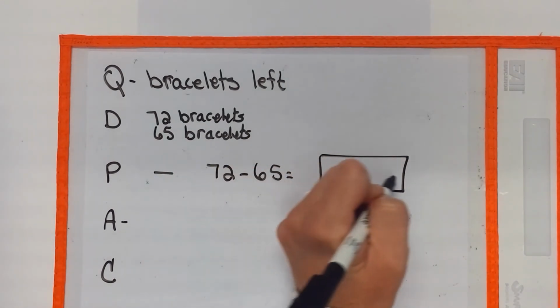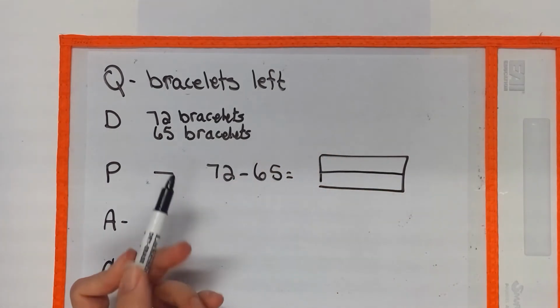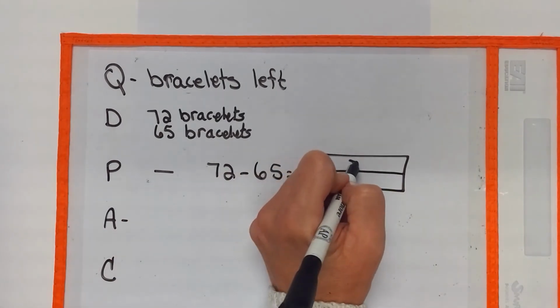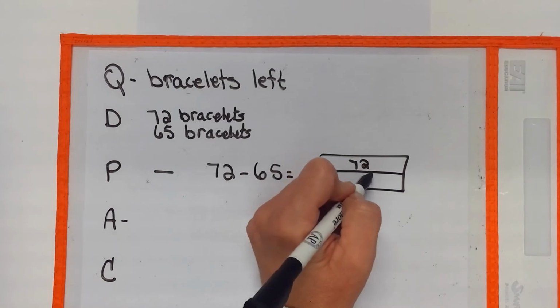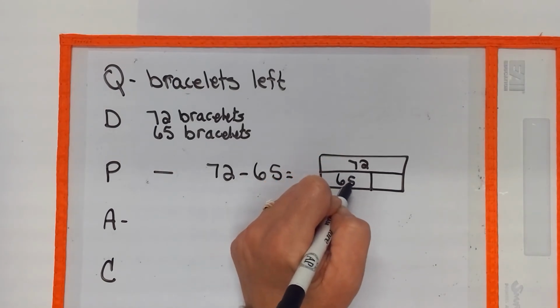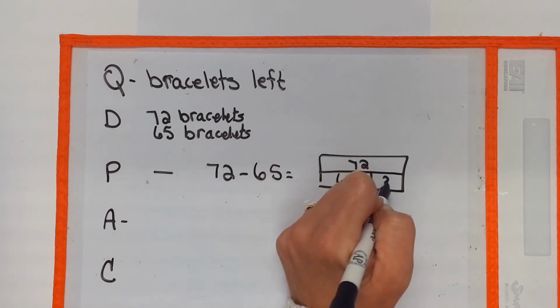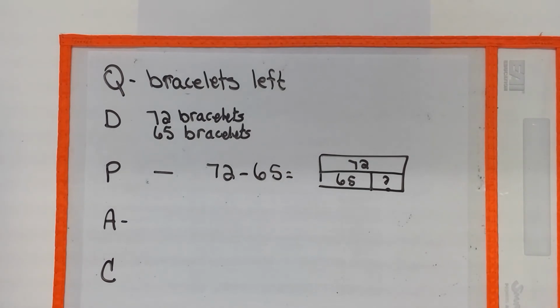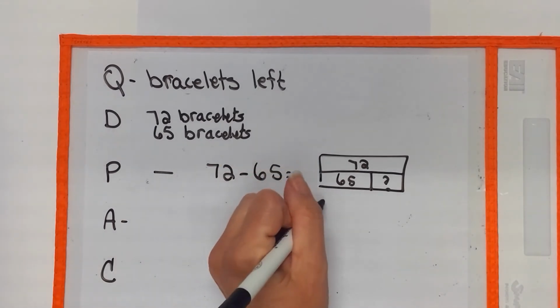So if I go back to thinking part-whole, I can represent that she made a total of 72. She sold some of them, 65, and I'm trying to figure out what's left. And if they start seeing that bar model, the same thing that they used in other places to represent addition, they'll start making that connection.